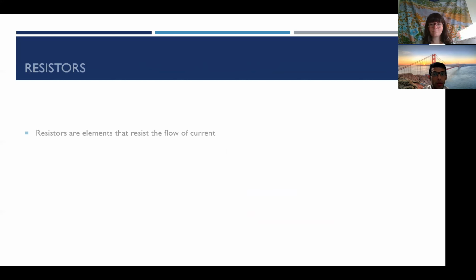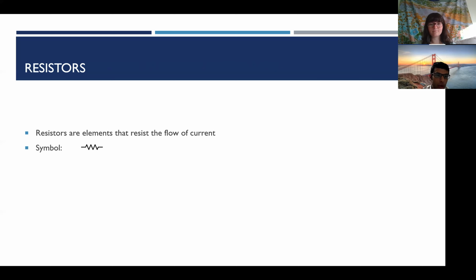Now let's shift gears a little bit and talk about resistors, one of the elements that are very useful because, just as we discussed before, resistance is sometimes a very useful quantity. Resistors are elements which resist the flow of electric current. Over here, I have the symbol of a resistor that we use when drawing electric circuits.